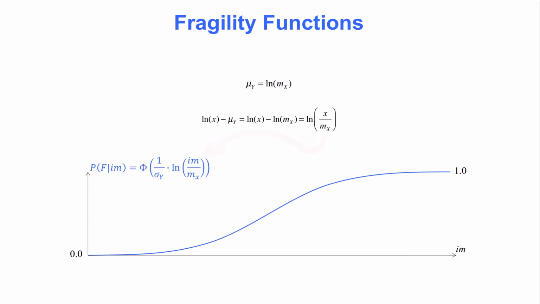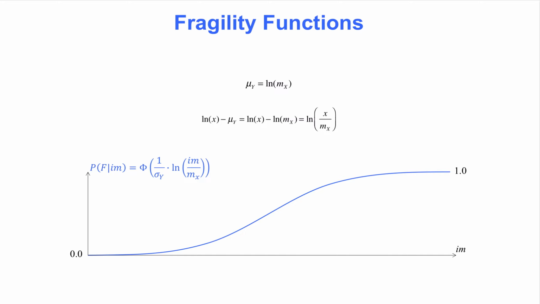Oftentimes, the standard deviation of the underlying normal random variable, sigma y, is called the dispersion. The blue curve shown here illustrates that function. The point that this is not a probability distribution in this context should be elaborated. Certainly, this is not the CDF for the intensity measure, IM, that appears on the horizontal axis.